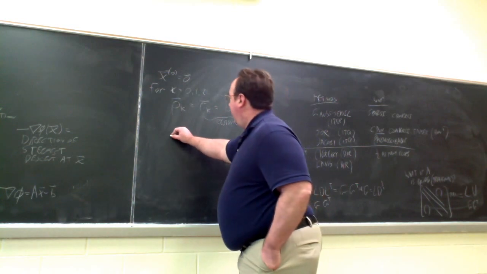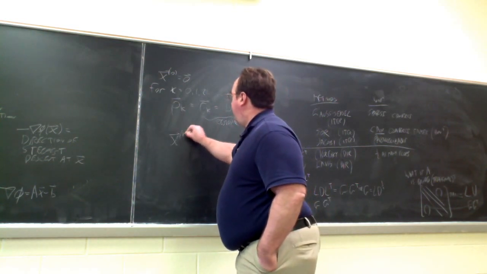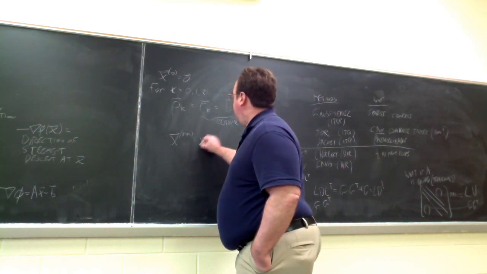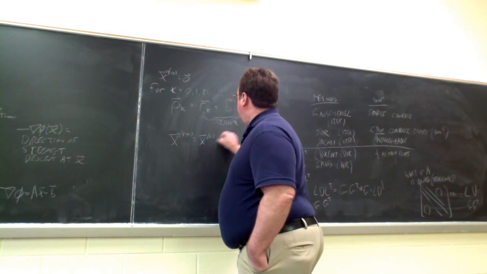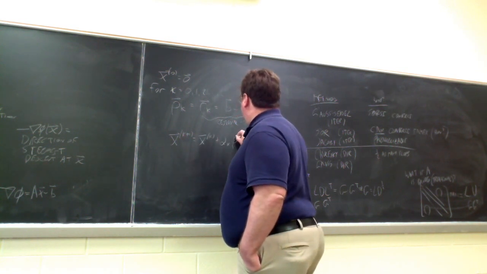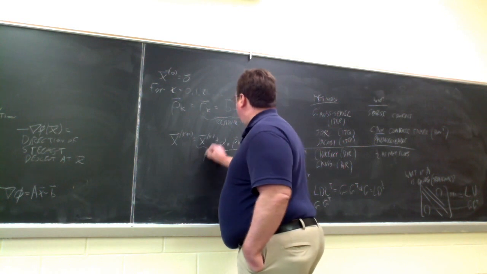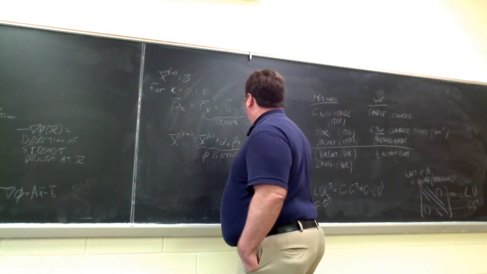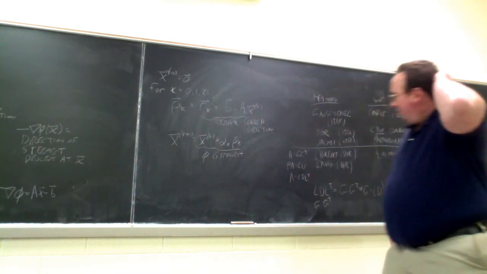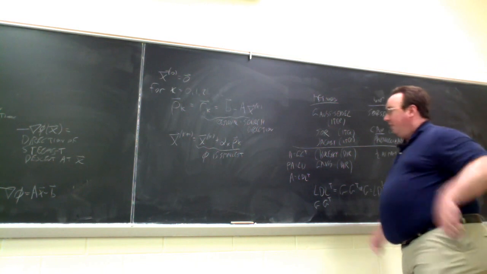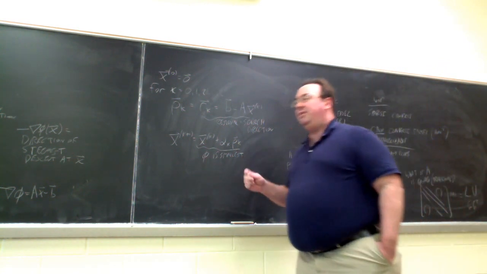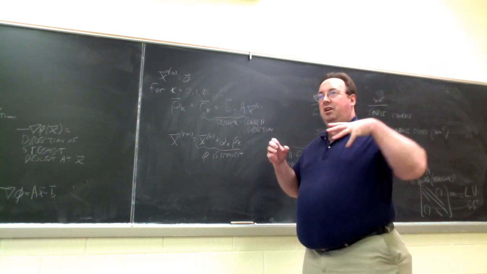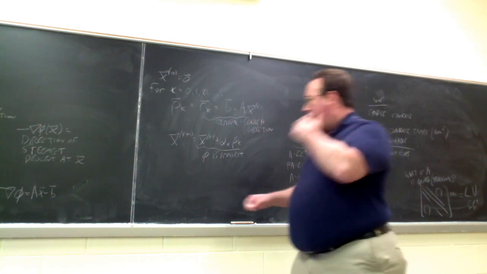So x(k+1) will be xk plus alpha k pk, such that phi is smallest, as small as we can make it. In other words, we now have a more concrete minimization problem.